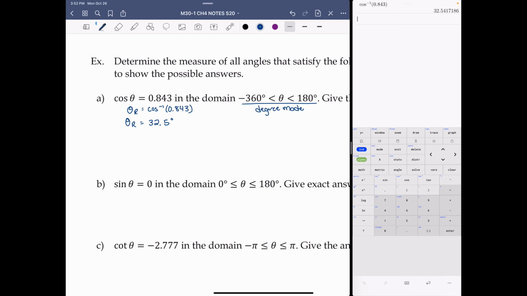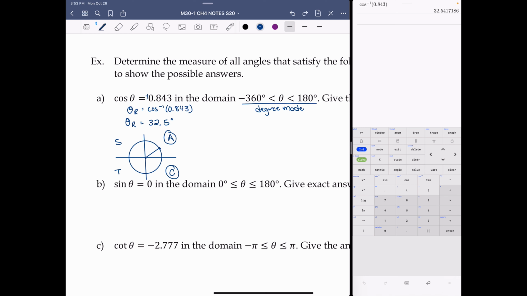Next, I can draw my unit circle. And using the CAST rule, because cos theta is positive 0.843, our angles will have to be in either quadrant 1 or quadrant 4, because that's where cos is positive. So 32.5 degrees in quadrant 1 is about here.